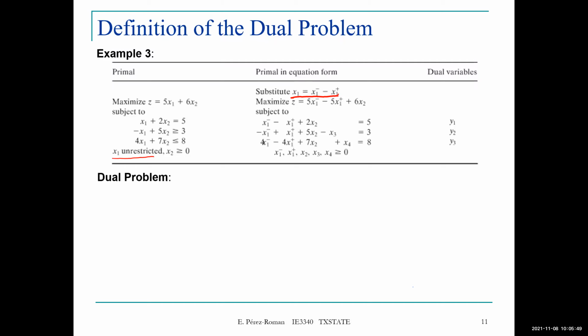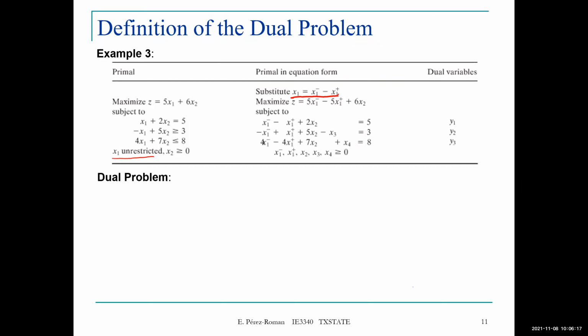Everywhere we have x1, we insert this substitution. The standard form of the problem is what we have here in the second column. We have an excess variable for the second constraint, and a slack variable for the third constraint.